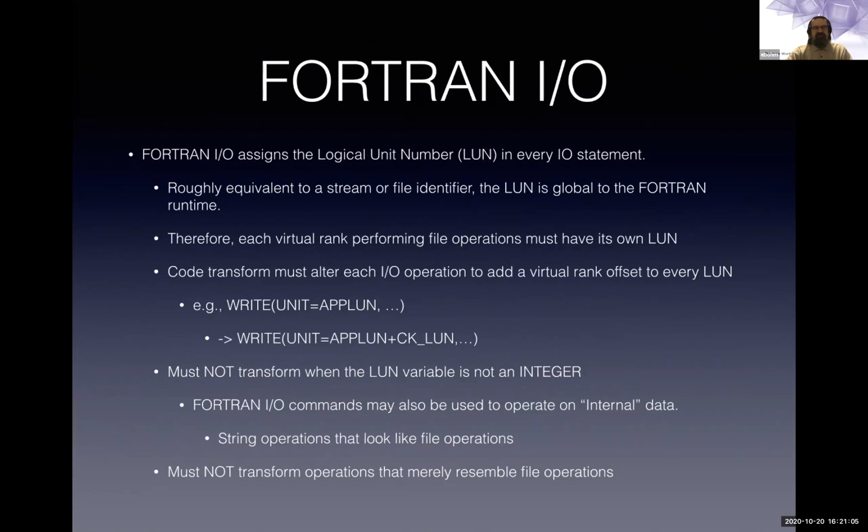And so these transformations must only be applied contextually based on whether or not the LUN in question is operating on an integer, and therefore a file IO-based operation, or not an integer, in which case it is essentially a string operation and local to the string address space, and therefore does not require any transformation.